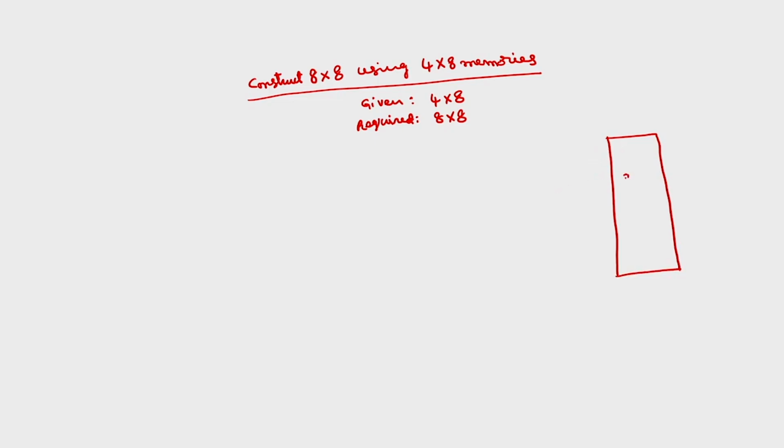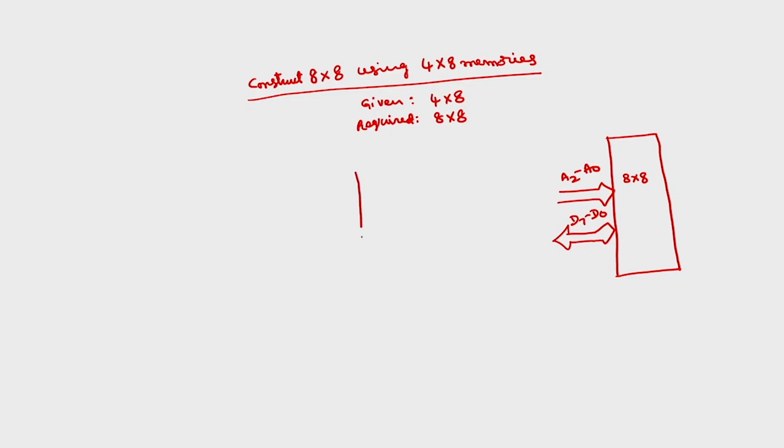So, how many address lines will be there? 8 by 8 has 3 address lines, A2 to A0, and 8 data lines, D7 to D0.